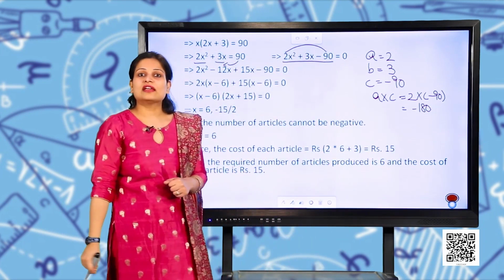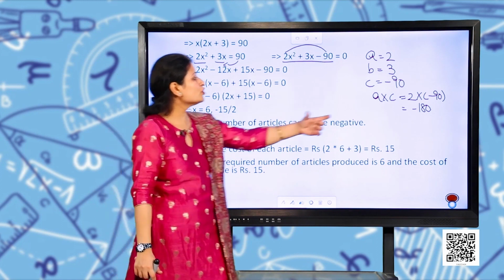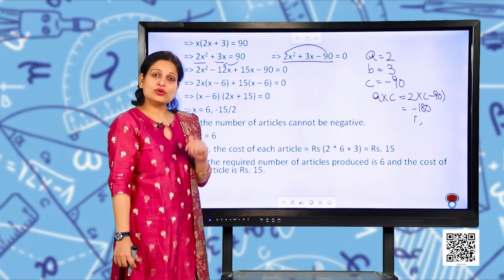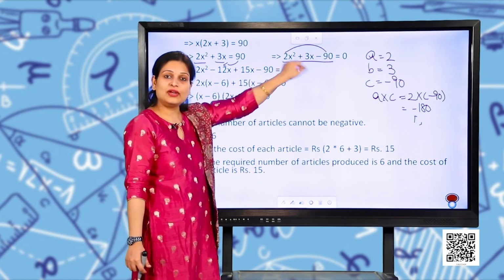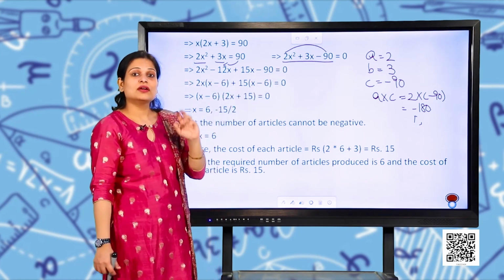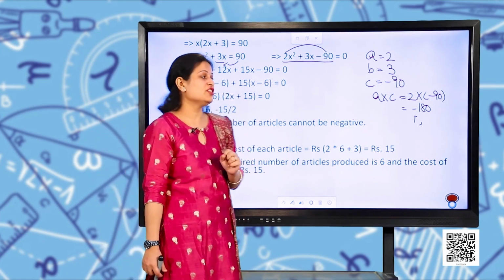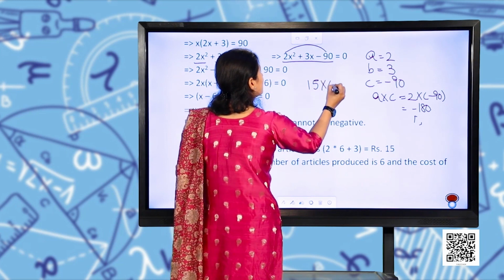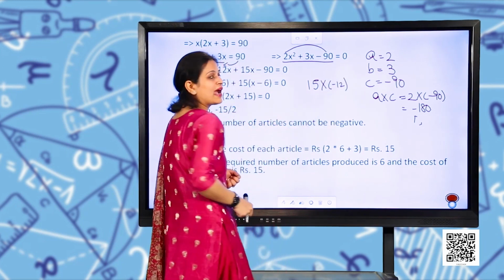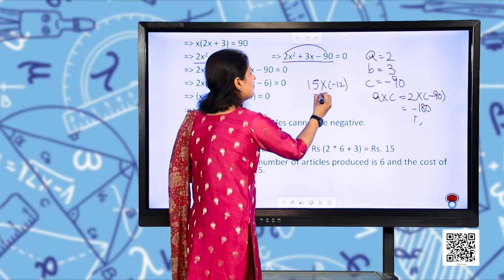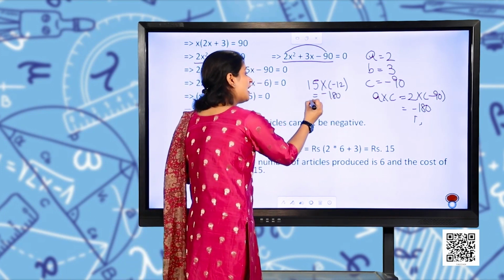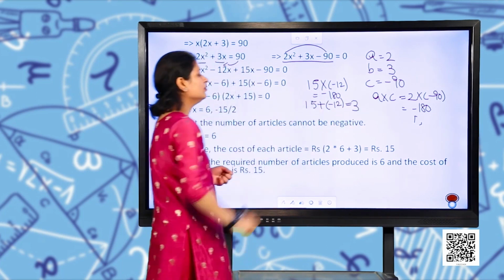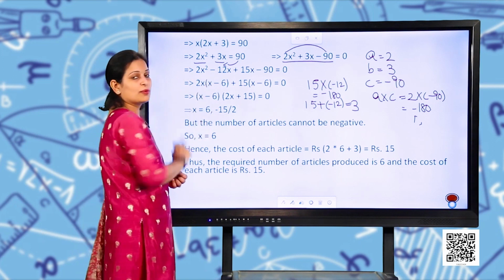So, you need to find two numbers whose product is minus 180, and when you add those numbers, you will get plus 3. The two numbers which satisfy these two conditions are 15 and minus 12. So, 15 into minus 12, you will get minus 180, and when you add 15 plus minus 12, you will get 3.